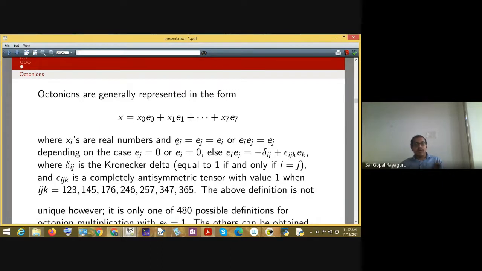One of the multiplicative properties I defined here is, sorry, I left something out. Actually, this is not ei equal to ej.